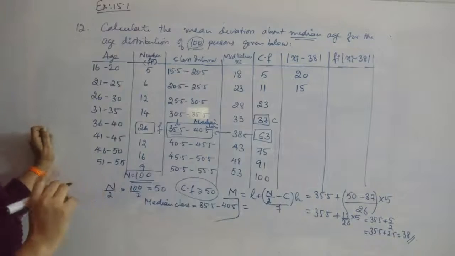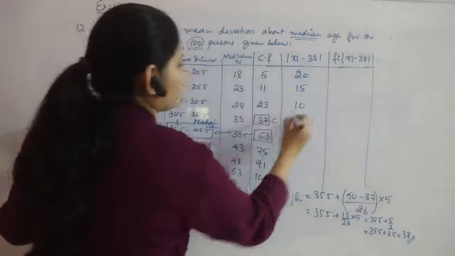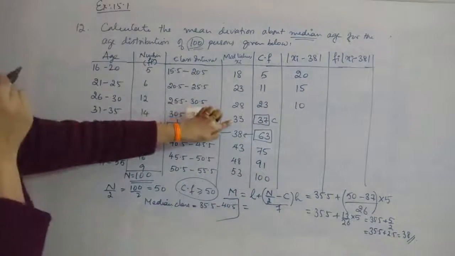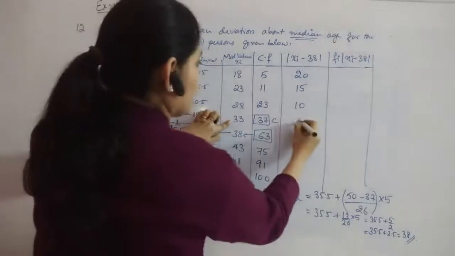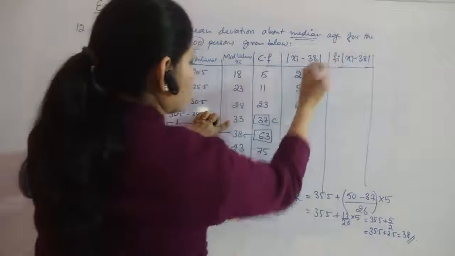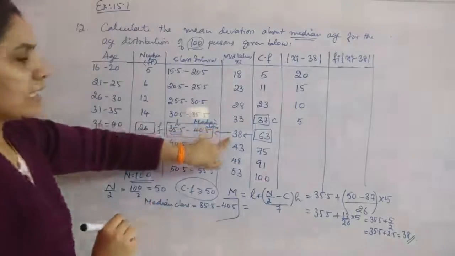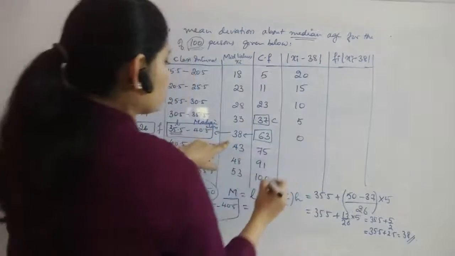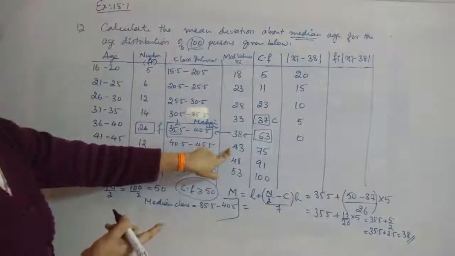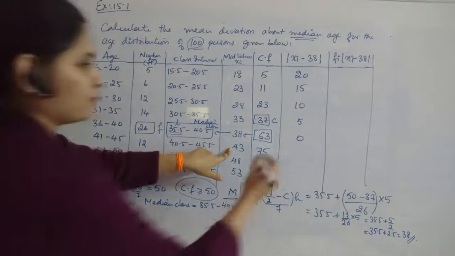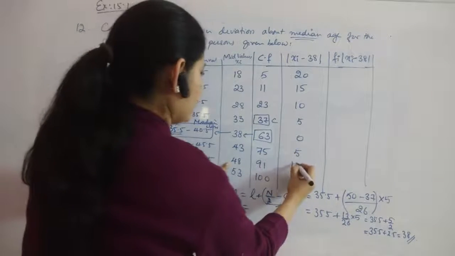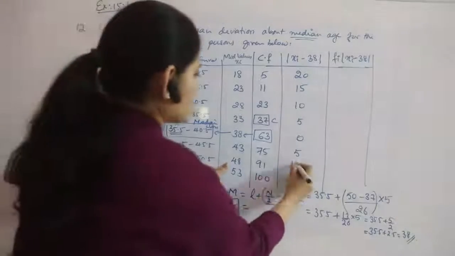Next, 28 minus 38 is 10. Then 33 minus 38 gives 5. Remember, we always take only the positive value. Again 38 minus 38 is 0, 43 minus 38 is 5, then 10, then 15, right?